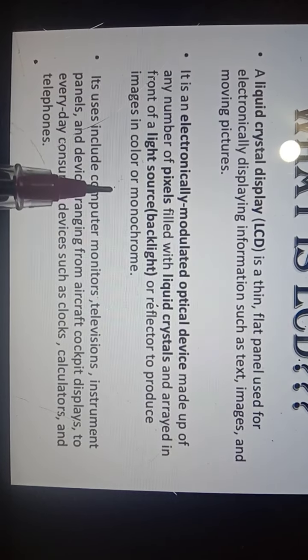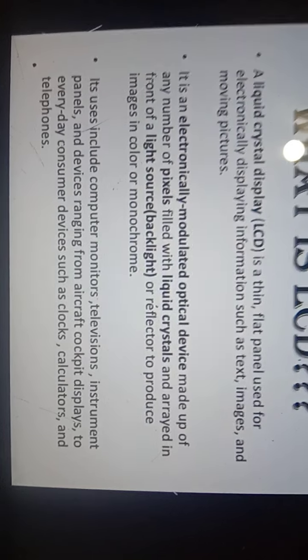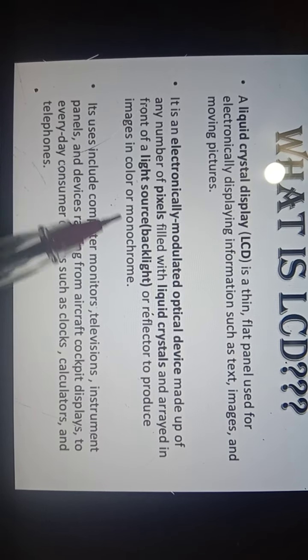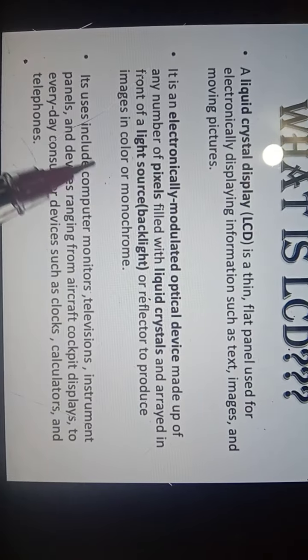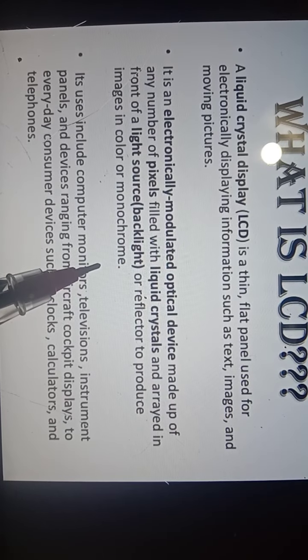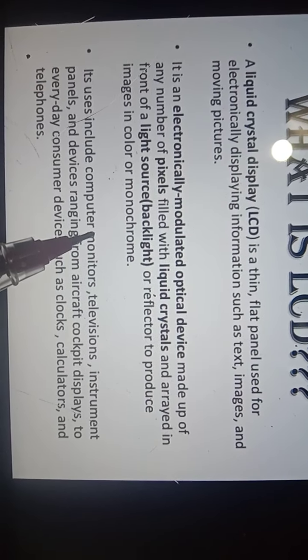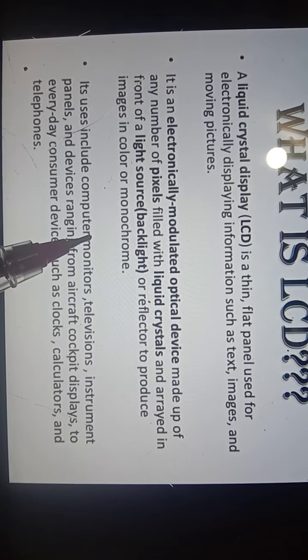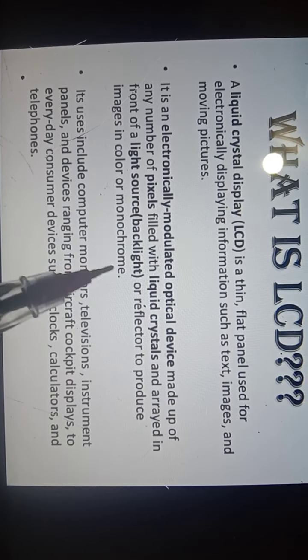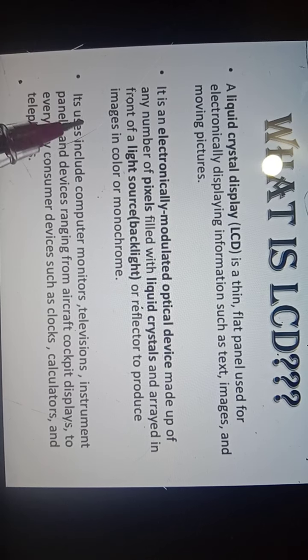Light source means availability of light, maybe a backlight, the source of light. The best example is sunlight. Normally the source of light is sunlight, or normal bulbs, filament bulbs and all, or a reflector to produce images in color.